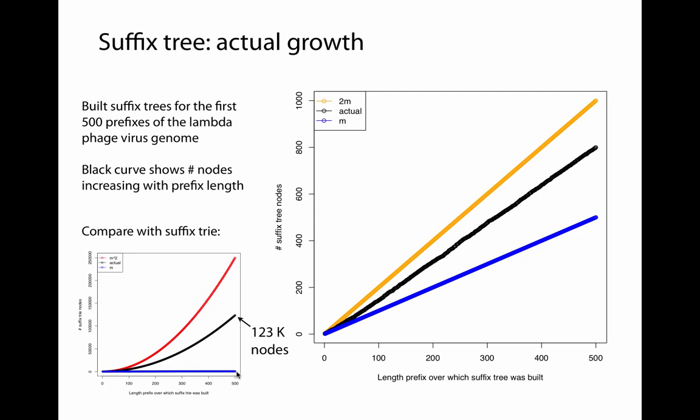Remember we said that for this prefix of length 500, the suffix trie had over 100,000 nodes. It had about 120,000 nodes. Here with the suffix tree, if we go out to 500 and look at the number of nodes that the suffix tree has, it's between 700 and 800. It's drastically smaller.